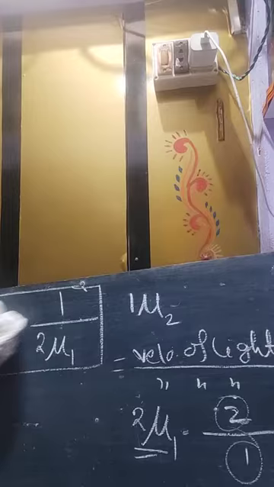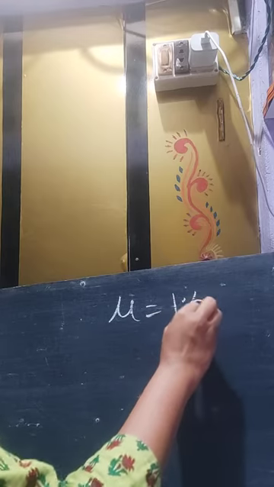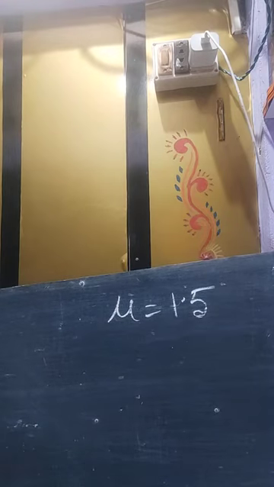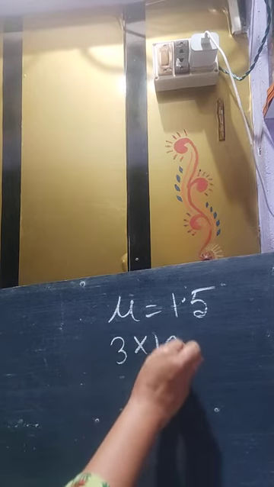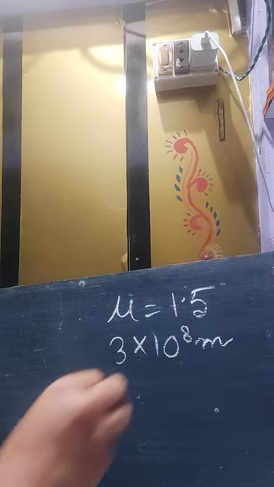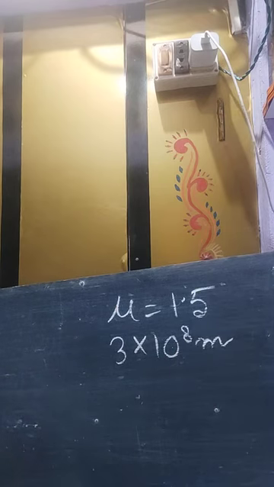Suppose I am giving you a numerical. For a particular medium, the refractive index is 1.5 and the speed of light in vacuum is given as 3 into 10 to the power 8 meter per second. Find the velocity of light in the medium.